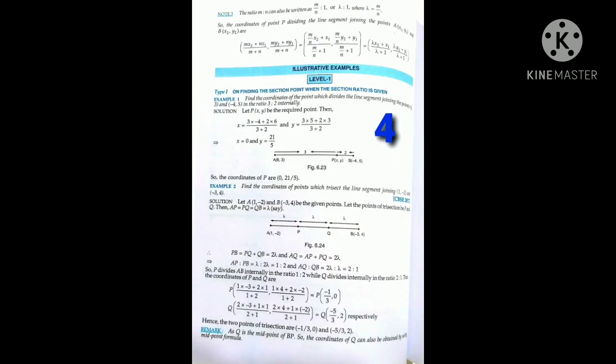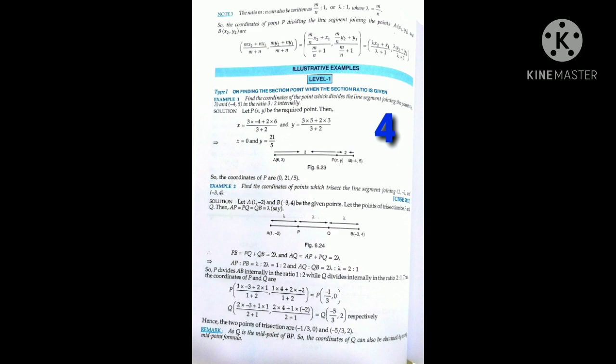Now while doing the sums for the section formula, I'll tell you a very important trick: instead of taking the ratio as m is to n, you take the ratio as k is to 1, or lambda is to 1, right?